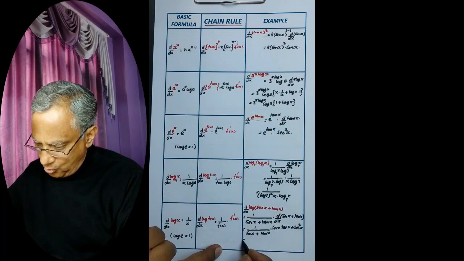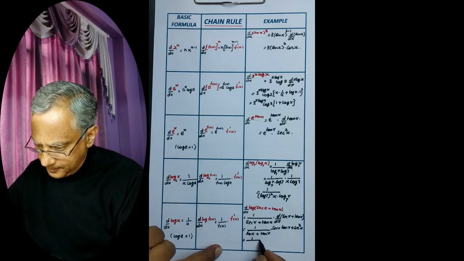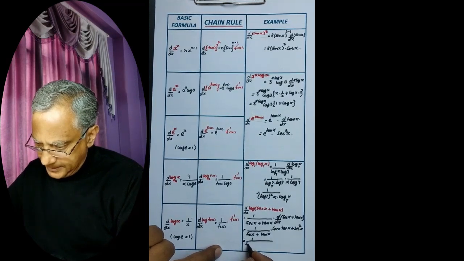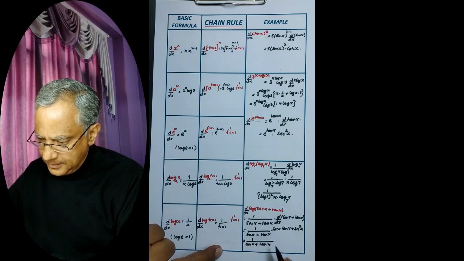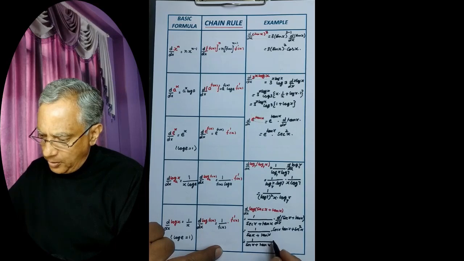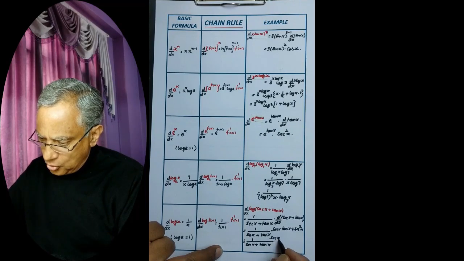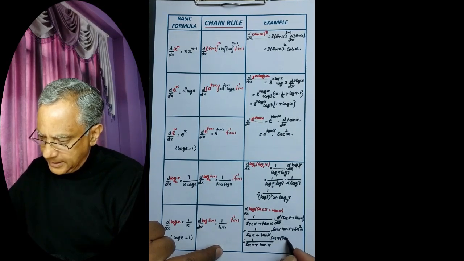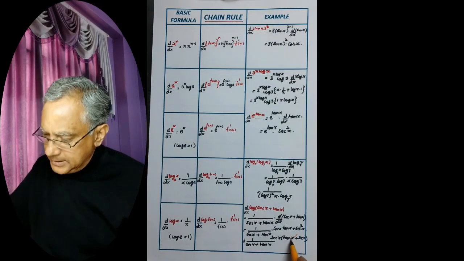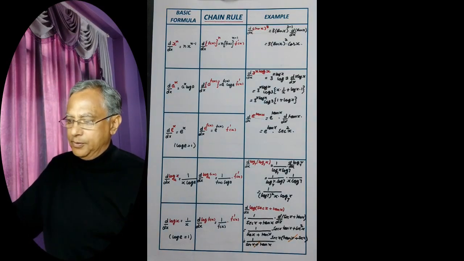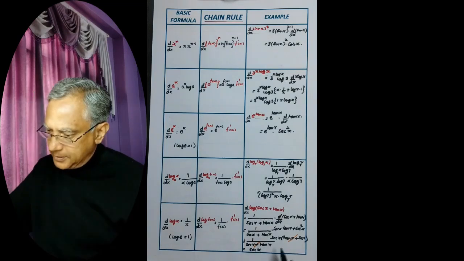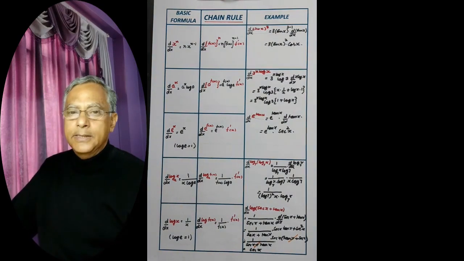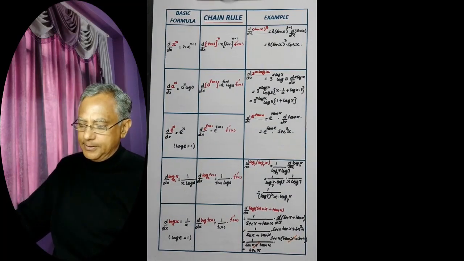So this is equal to 1 upon secant x plus tangent x into, now secant x is common from here. We take secant x common and we are left with tangent x plus secant x. This cancels with this and we are left with secant x. So this is the answer.